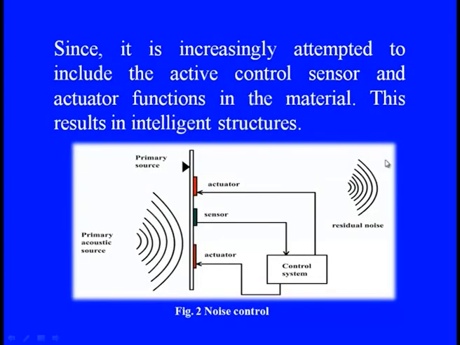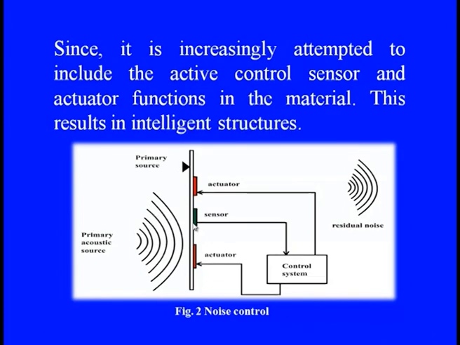And these actuators, which we call the secondary source, are simply generating the equal and opposite balancing force, through which we are entirely balancing the structure, and it is leading to zero excitation.